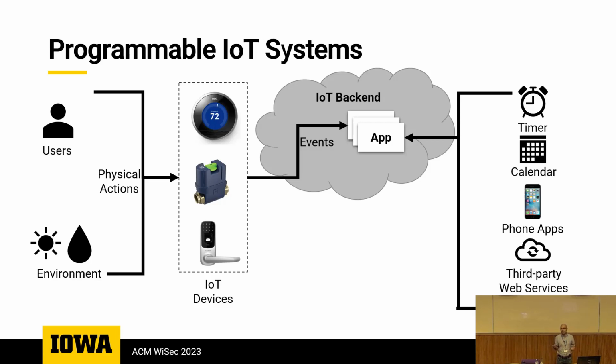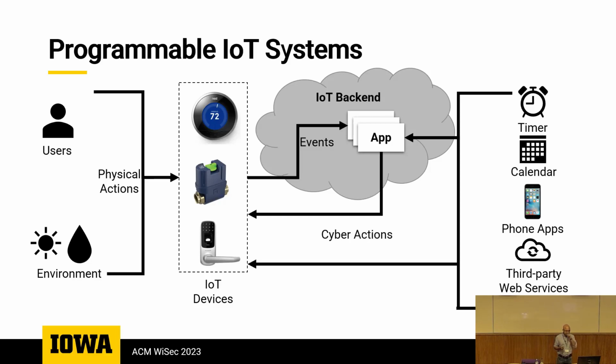Based on what automation you set up, it will do something. Okay? And based on whatever you have observed from the update, these apps can do some actions, like switch on the light, right? When I walk through the door, the motion sensor senses me, sends the update to the IoT backend. I have a rule that if the motion sensor gets triggered, switch on the light, okay?